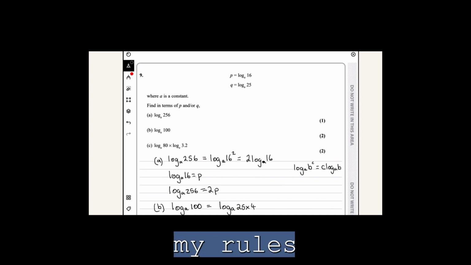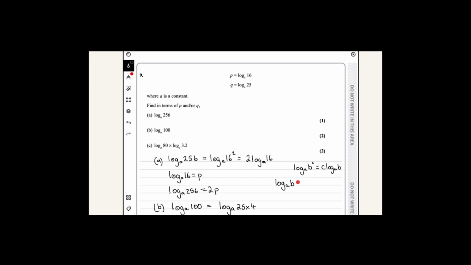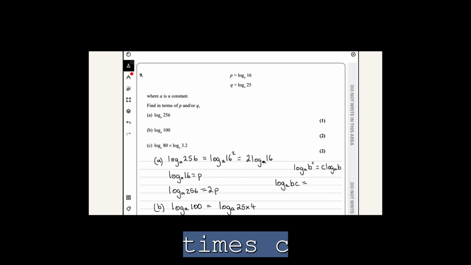And from my rules of logs, log A of B times C is the same as log A of B plus log A of C. So here, this is the same as log A of 25 plus log A of 4.